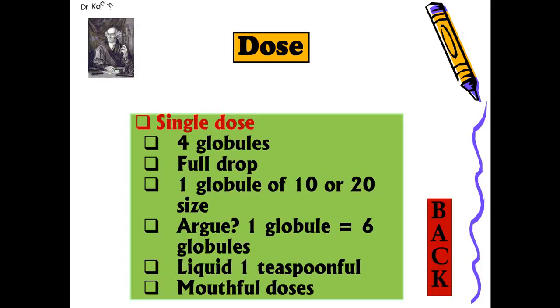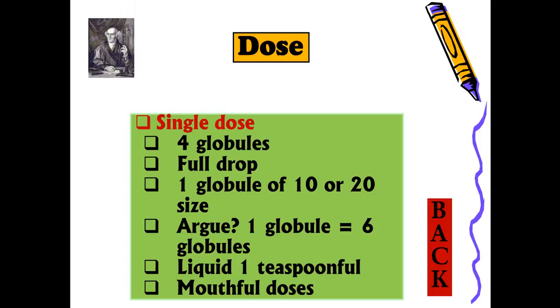Somehow we have changed our topic, but coming back to the topic of dose, we must remember that all misunderstandings are caused by incomplete understanding of things. A homeopathic single globule and a large number of globules may not make a difference, but if it touches a larger number of nerves, that is in liquid, then in place of 1 spoon, if you give 1 ounce, it will have a bigger action.